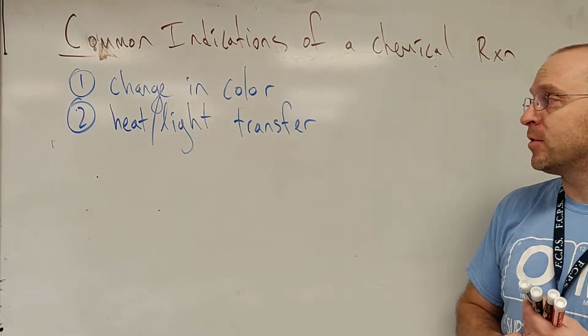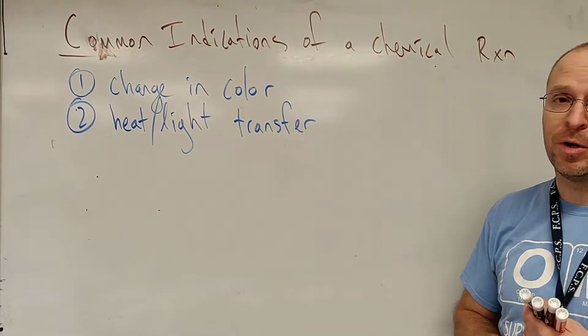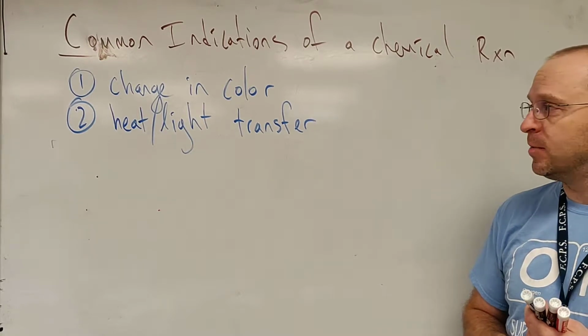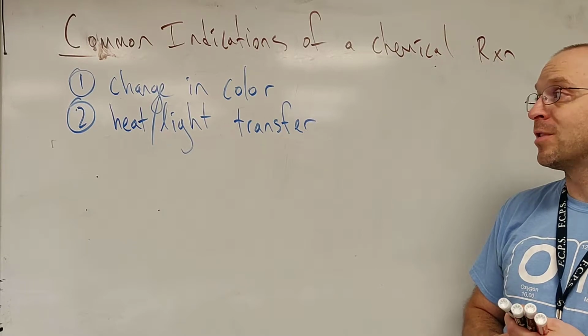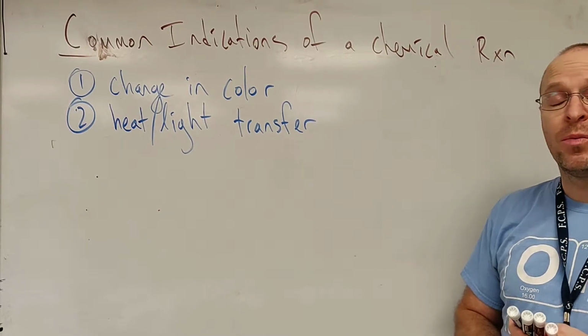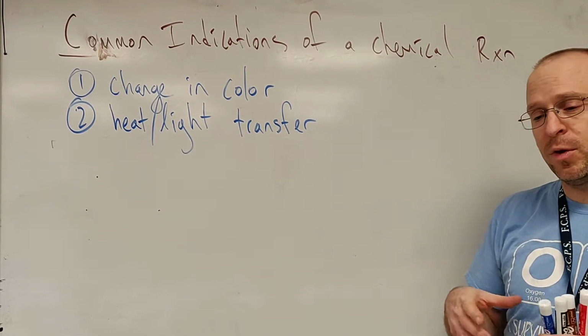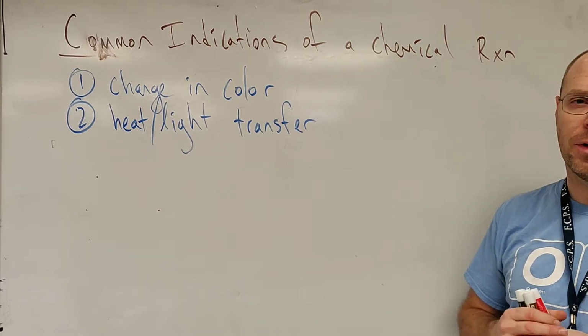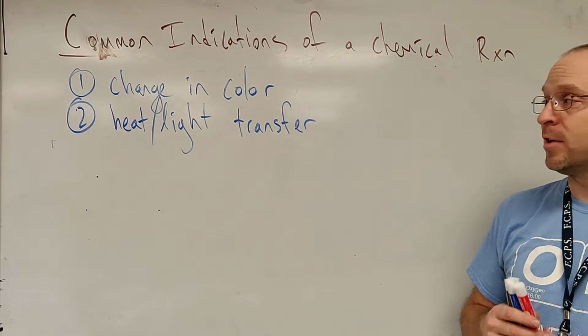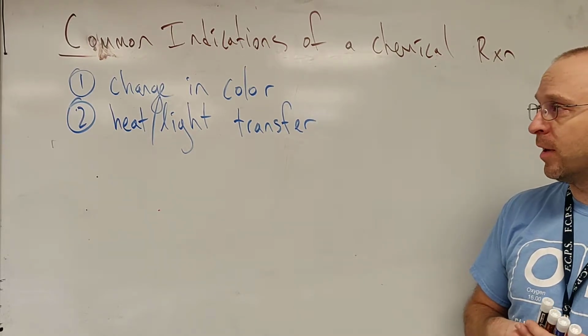You can have reactions that produce just light for practical purposes, like a glow stick that kids might use around Halloween. Or you can have a reaction that doesn't produce light in the visible spectrum anyway, but you do get heat, like those hand warmers people use for sporting events that kind of look like dryer sheets with a powder in them. And those are generally iron rusting inside of there, and that's an exothermic reaction.